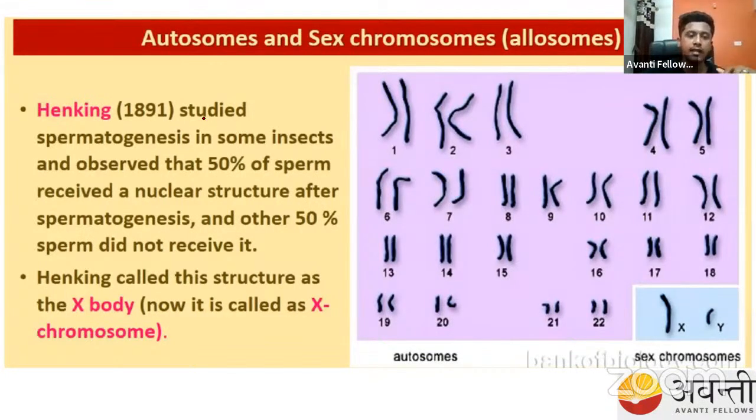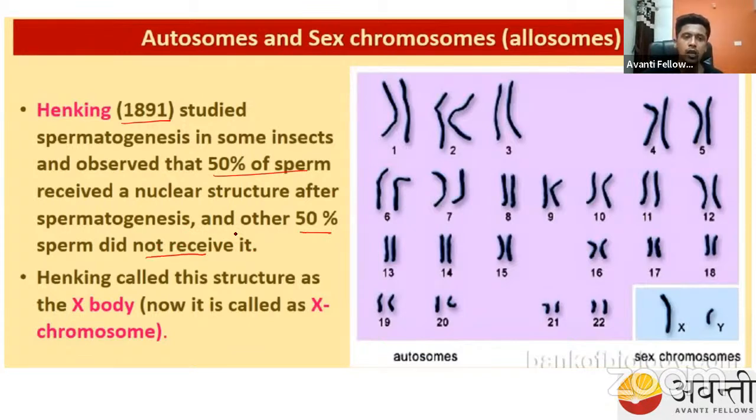How did it actually start? Henking, in 1891, started studying spermatogenesis, the production of sperms. While studying it, he came across that 50% of the sperms received a particular nuclear structure and 50% did not.